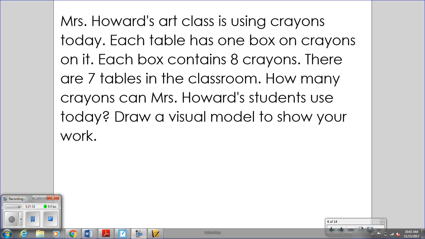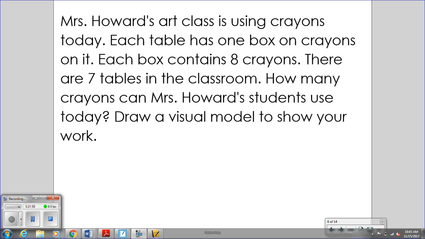There's 1 box of crayons for everybody to share. And inside that box, there are 8 crayons. Okay? There are 7 tables in the classroom. How many crayons can Miss Howard's students use today? Draw a visual model to show your work.